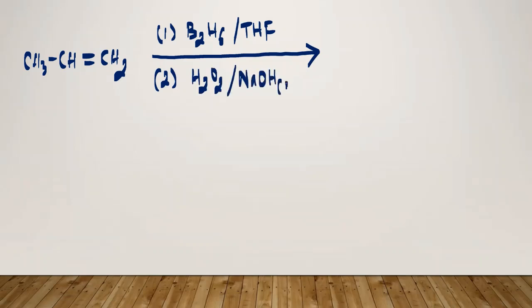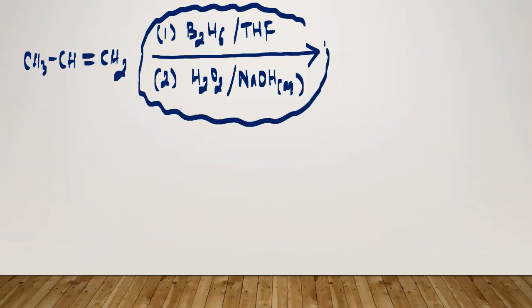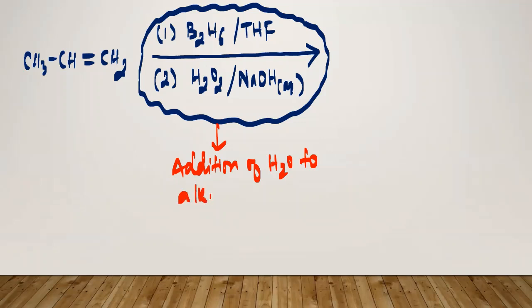You should remember that in these two steps we are basically adding water to an alkene. Finally, we come to the conclusion that we are doing addition of water to alkene as per anti-Markovnikov's rule.